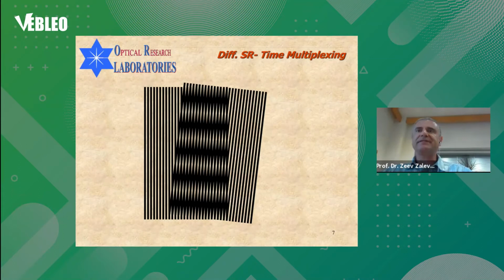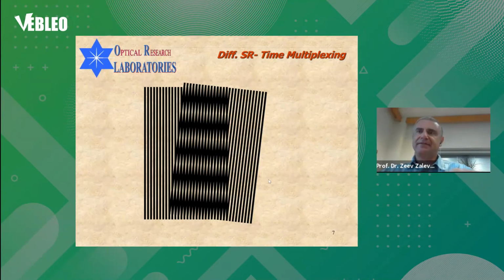Whenever you use a certain domain in your super resolution concept, the technique is called by the name of this domain, multiplexing. For instance, if we use the time domain, the technique will be called time multiplexing super resolution. Let us start with the time multiplexing super resolution techniques because they are more common.